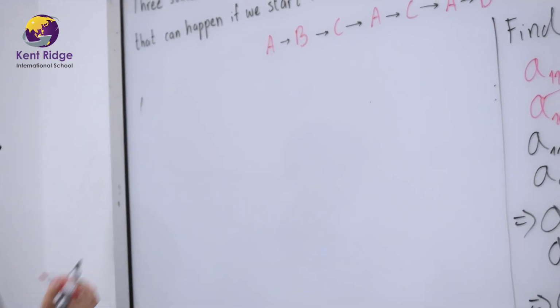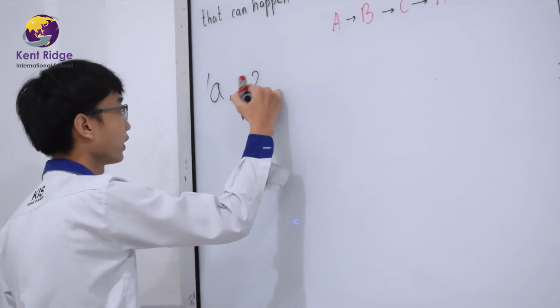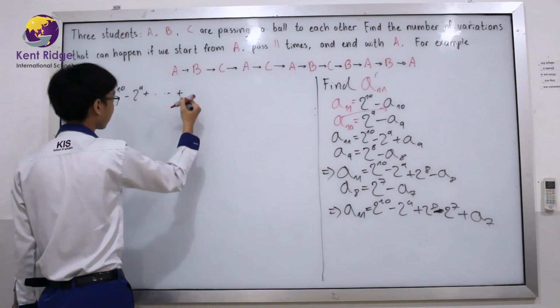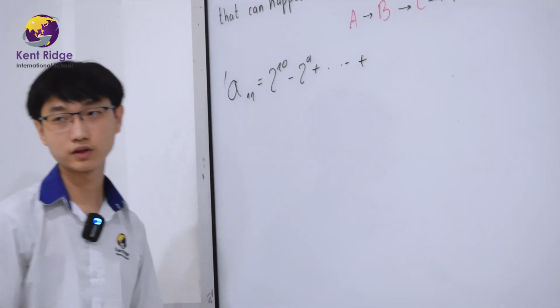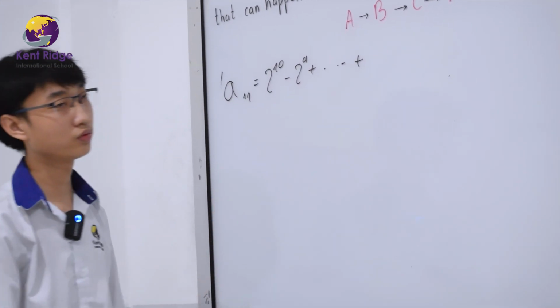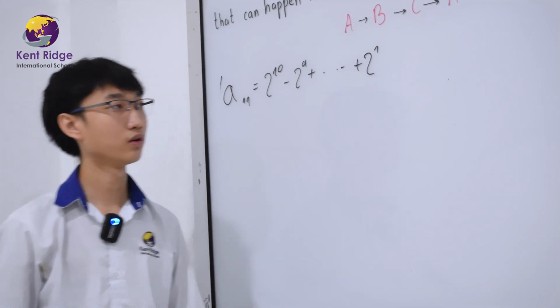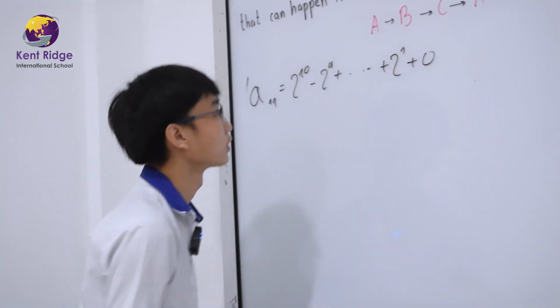So this means that A11 is equal to 2 to the 10 minus 2 to the 9 plus so on until A1. Let's just write A2 for now. A2 would be 2 to the power of 1 minus A1, and A1 is 0, so it's just plus 0.